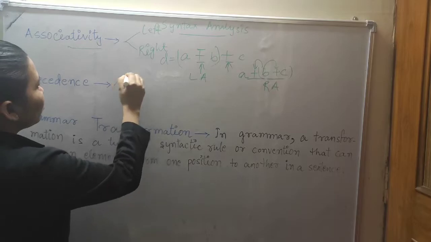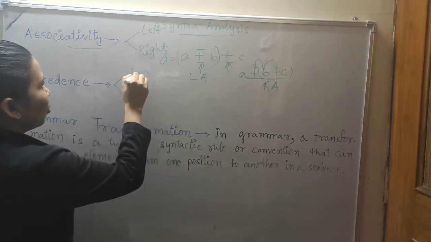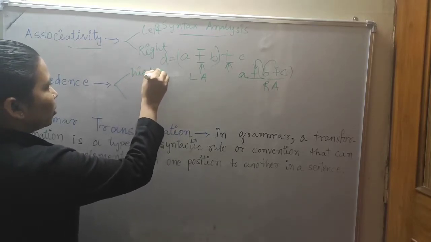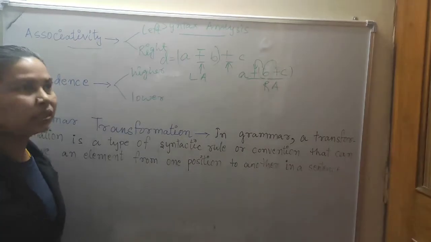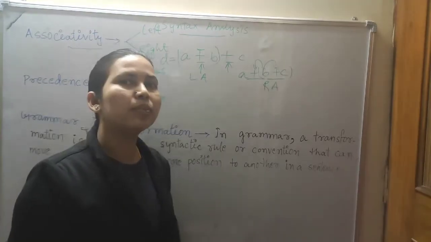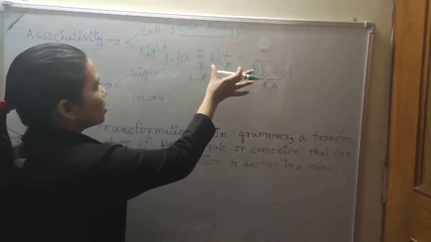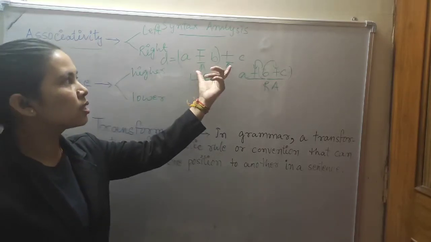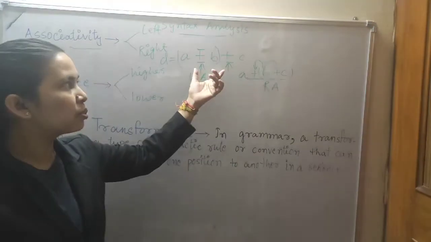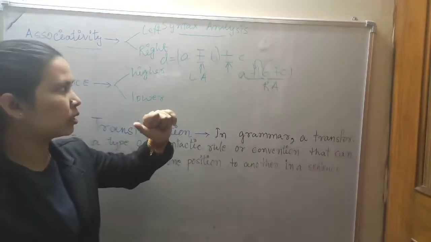Precedence is also of two types: higher precedence and lower precedence. Higher precedence is solved first. When we talk about associativity, we compare within the same operators.